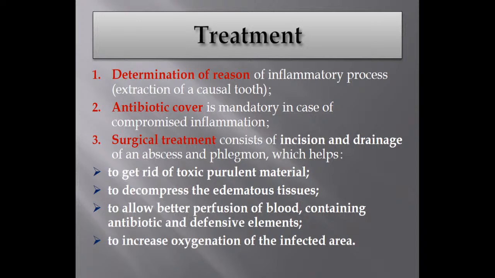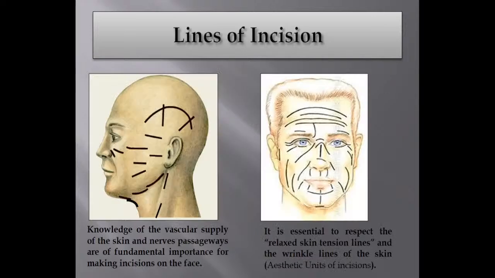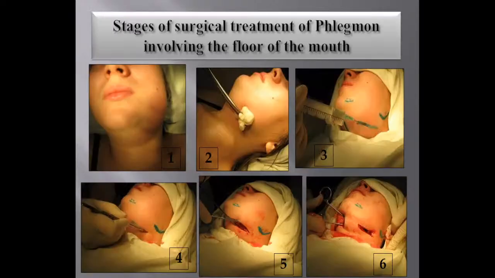And treatment, of course. First of all, if it's an odontogenic abscess or phlegmon, we have to extract the tooth. It's the first thing that doctors who can treat such a pathology have to do. And then we have to do local anesthesia. I have even photos of the operation.